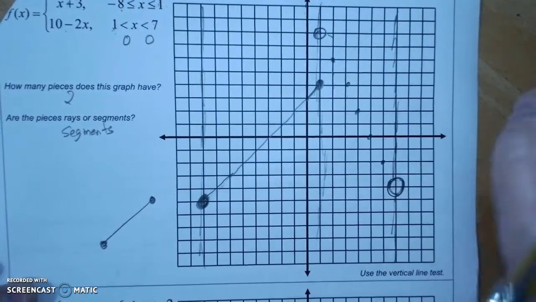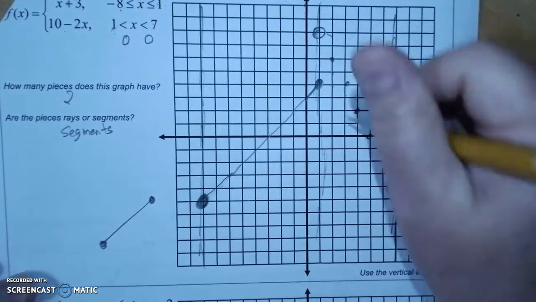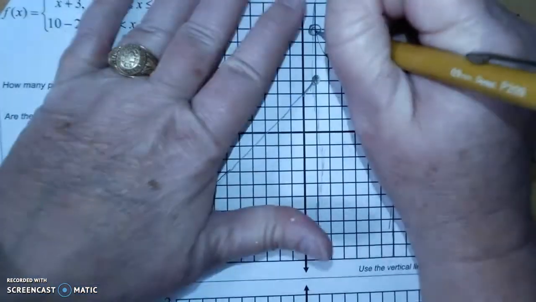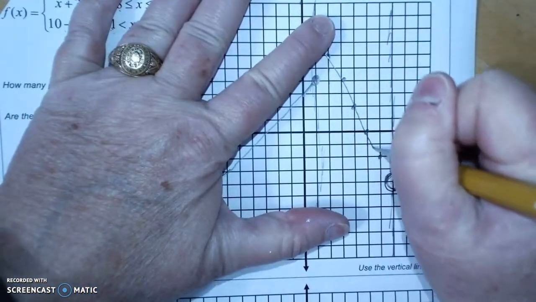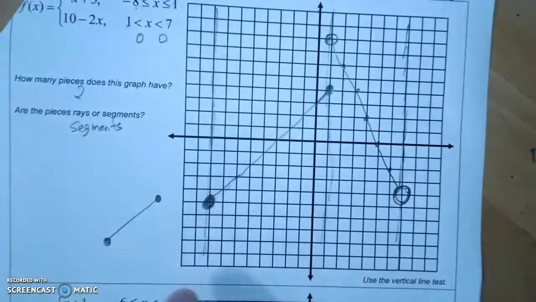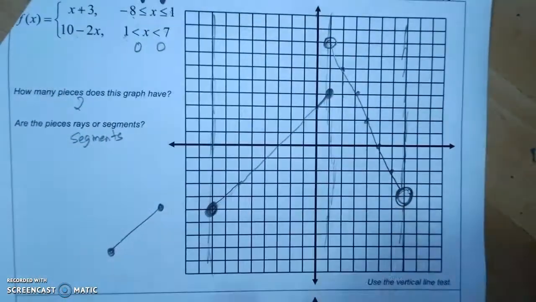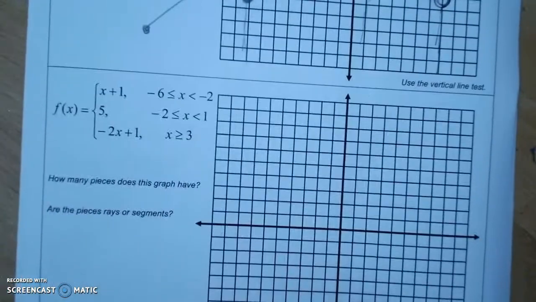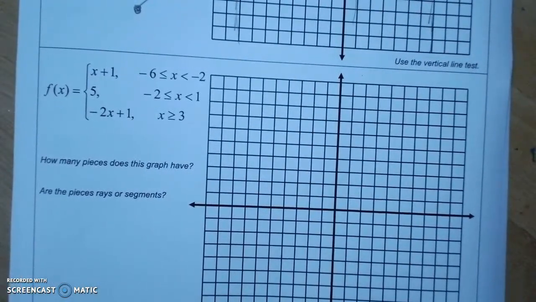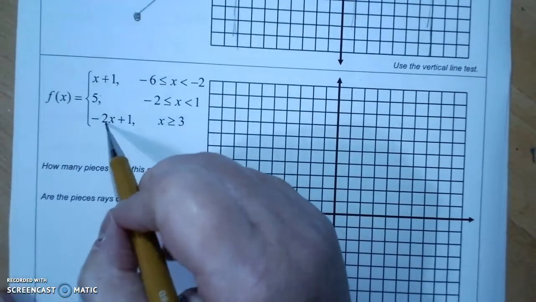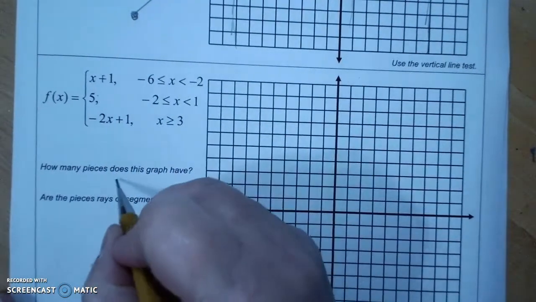Make sure I get everything out here. Yes, I'm very dramatic because I do not want any questioning on whether that is. So it is a line segment and a line segment. And that's where your straight edge would come in handy. How many pieces? Well, if there's 3 things, then there's 3 pieces.